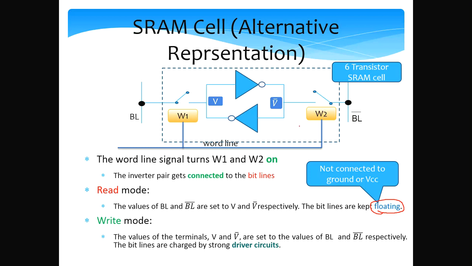That is how we can read the contents. For writing, we again enable the word lines, and then we explicitly set the voltages of BL and BL bar such that this SRAM cell gets appropriately programmed.